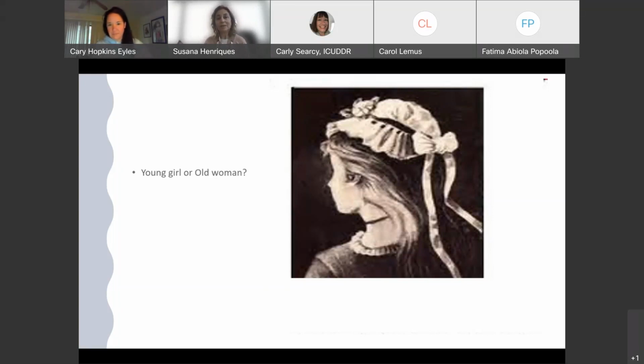However, you can see only one at the time. It's impossible to see both, and it depends on the starting point of your look. Let me give you a little hint. The young woman's necklace is the old woman's mouth. Does it help? Yes. Mm-hmm. Yep. Great.